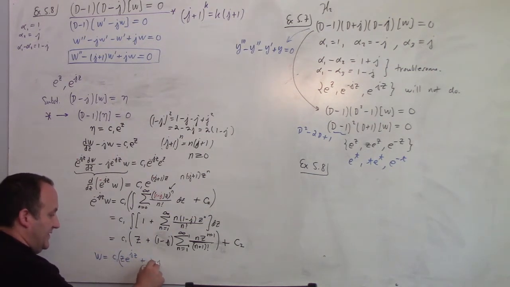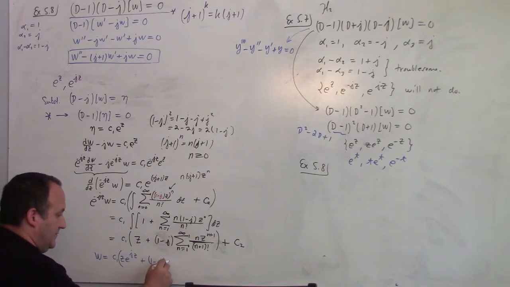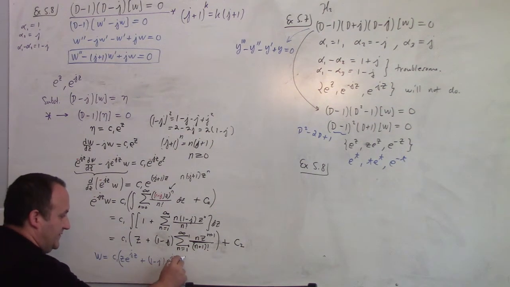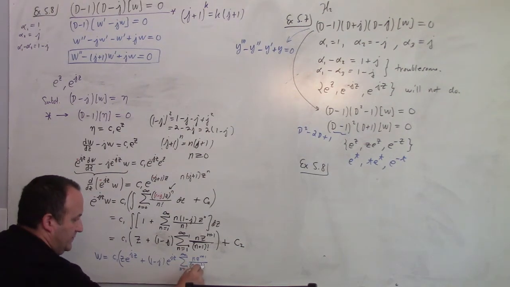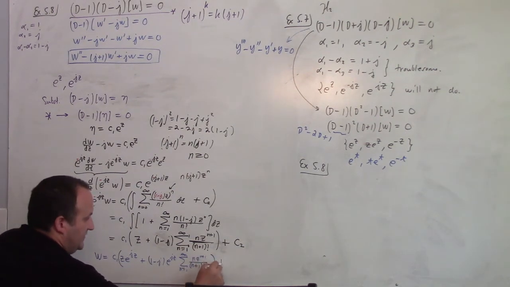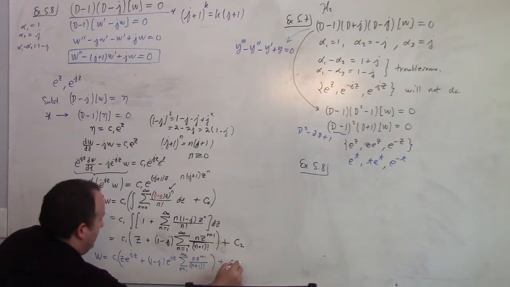Plus 1 minus j, e to the jz times this funny function, n equals 1 to infinity, z to the n plus 1 over n plus 1 factorial. Plus c2 e to the jz.